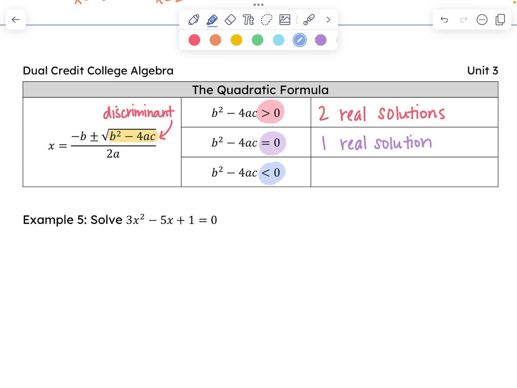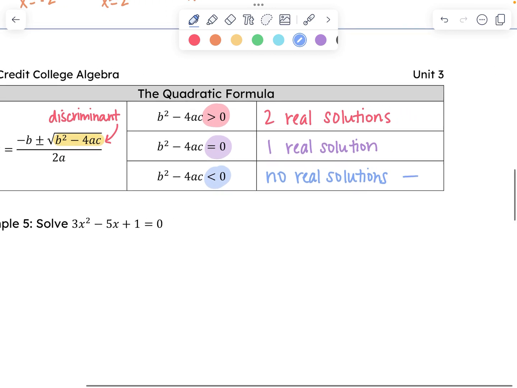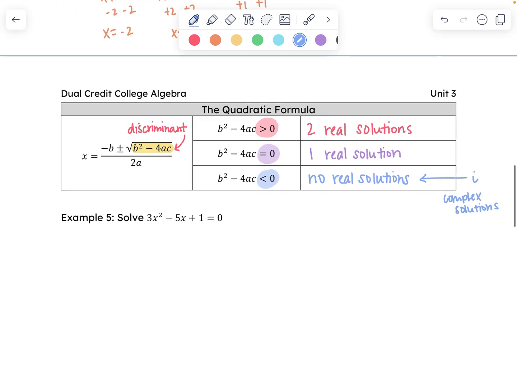And if it is less than 0, that means that I have no real solutions. You may remember that instead of real solutions, that's where we have i, and that's where we have our complex solutions, which we will look at when we get into another unit. For right now, we're just going to focus on working with the quadratic formula. We'll get to complex numbers a little bit later in the semester.